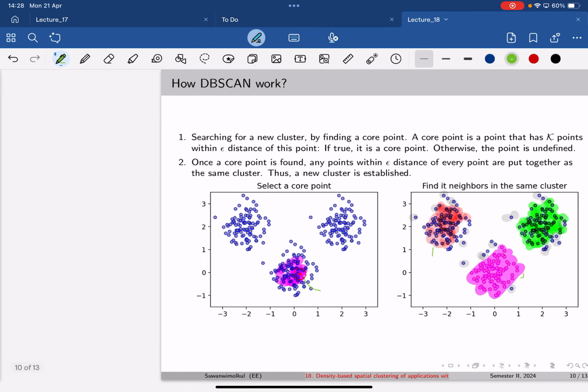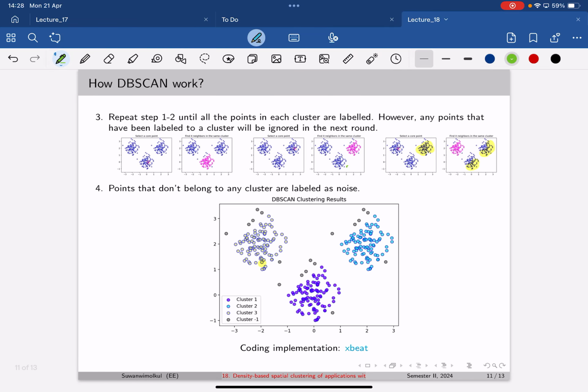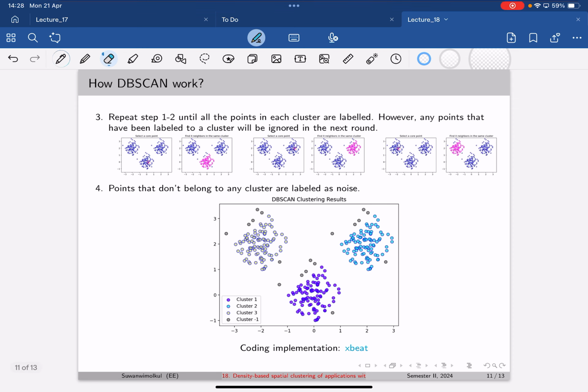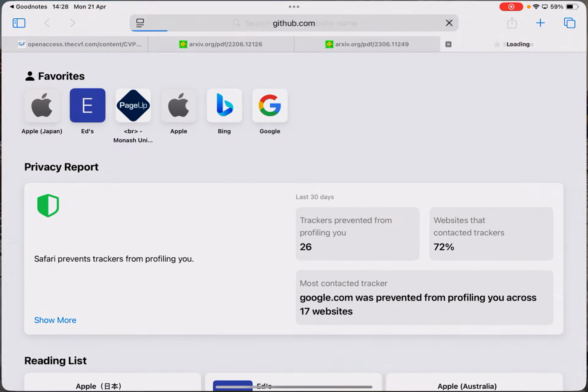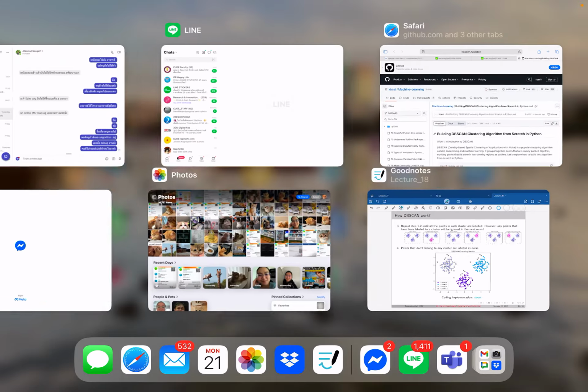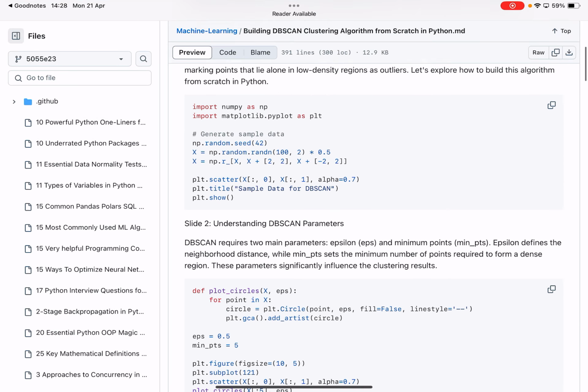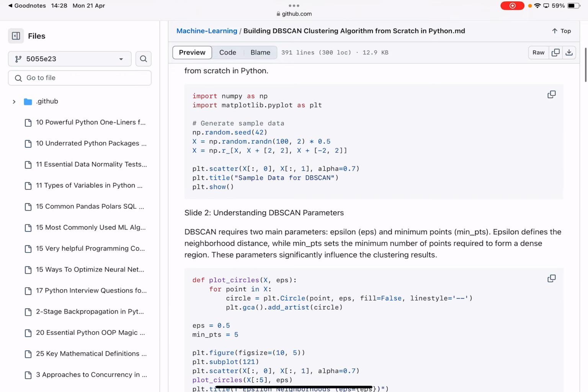Yeah, so that is all for this algorithm, and this is just a result. I have run this code and I get this result. Anyway, you can implement it yourself as well. I have embedded this link here. You just click here and it will show you the page where people provide the implementation of this DBSCAN algorithm.